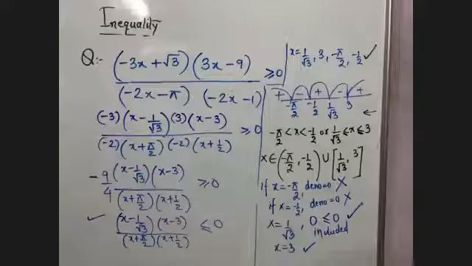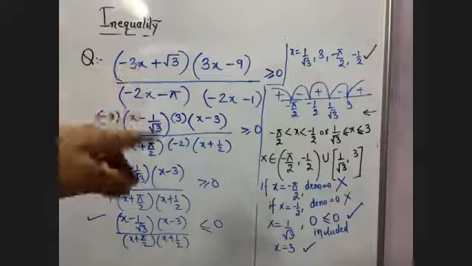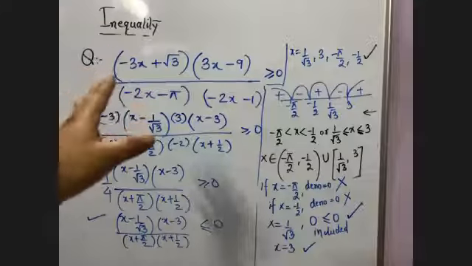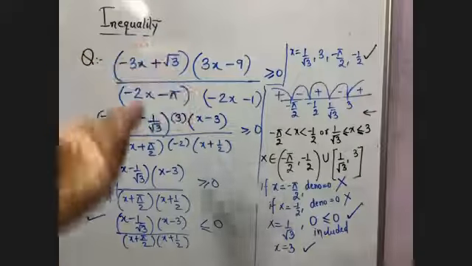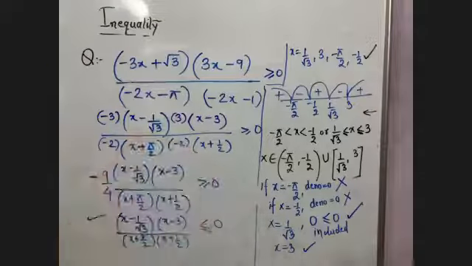And tomorrow I'll discuss the DPP. After that, I'll take it a little further when I raise some power, like power 1 by 3, 1 by 9, power 100, power 2002, and so on. Okay, so I'll make very good variation in problems.